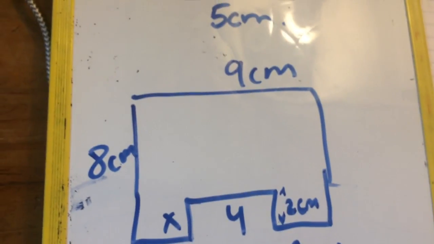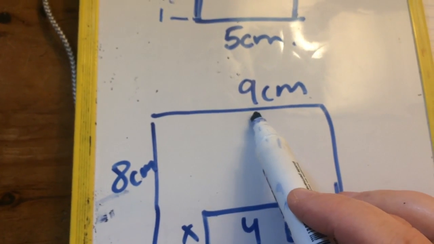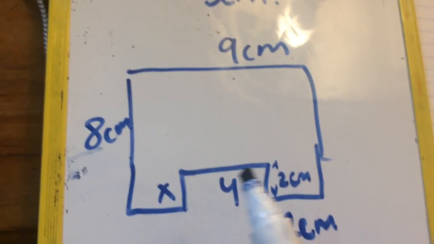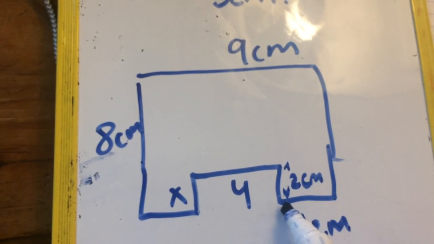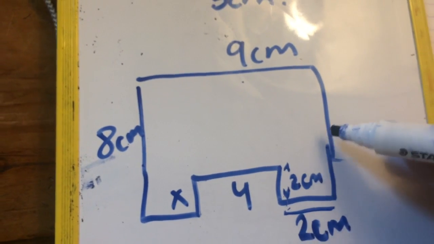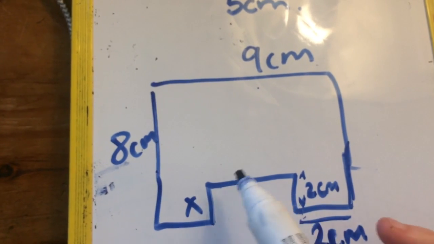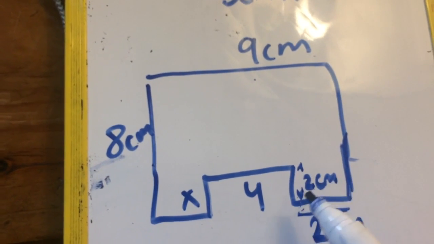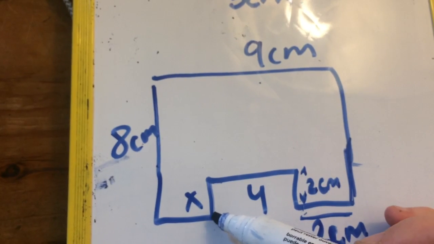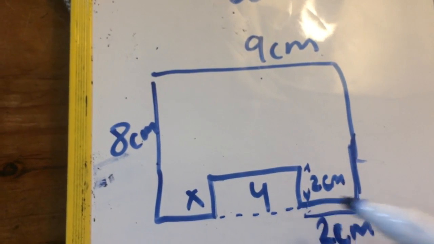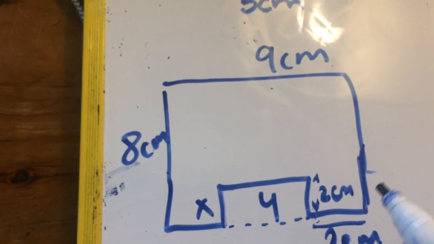Okay, so here we have a shape. We have 9 centimeters, 8 centimeters, 2 centimeters, and 2 centimeters across here. So with all these measurements, we're bound to be able to work out what X and Y are. Okay, so first of all, again, kind of draw your imaginary line to make it a full shape. Okay.